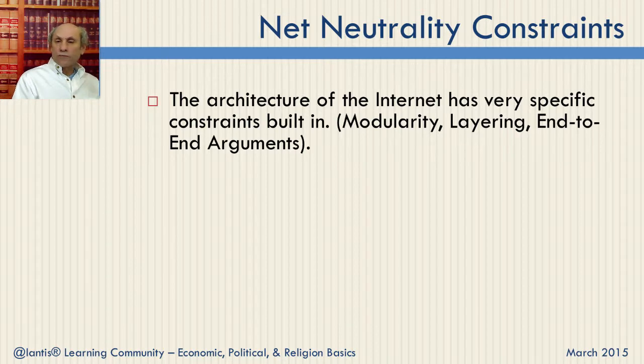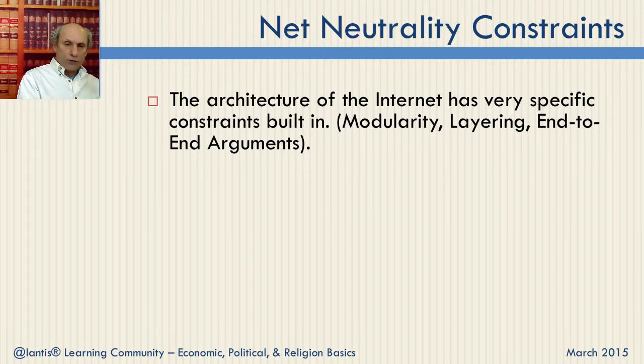So specifically in terms of net neutrality constraints, the internet has very specific constraints built in, and I've listed three here: modularity, layering, and end-to-end arguments. And I'm going to talk about those in the technical section of this class. Remember, this class is three or four sections. One of the sections is a technical section, and I go into all the technical issues with the internet.